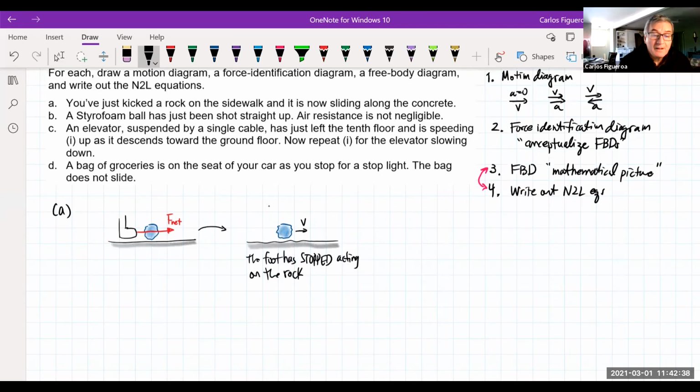So here we go. Question: why does the rock continue to move forward after it got kicked?